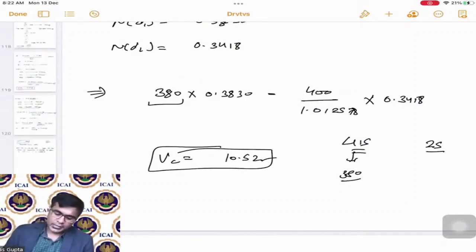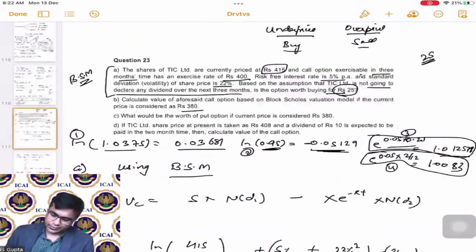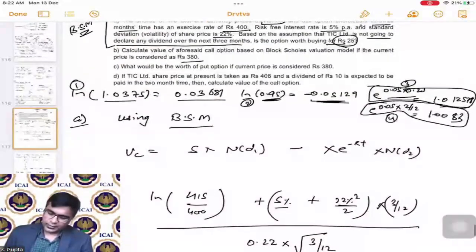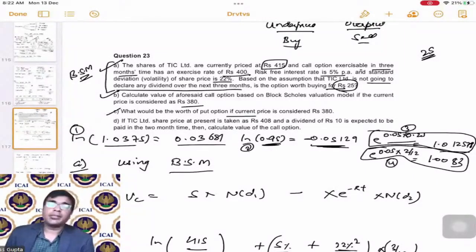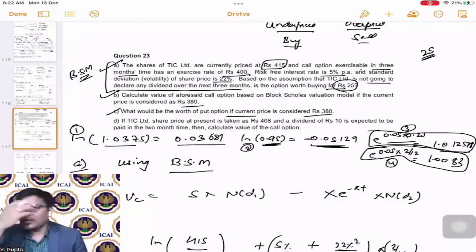Now, what is the next part? So A part done and B part done. Now the C part is what would be the worth of put option if the current price is considered as 380. So they are saying we will go ahead with the 380 kind of a price, because now let us evaluate what the put option is, because the put option should be higher valued, correct?